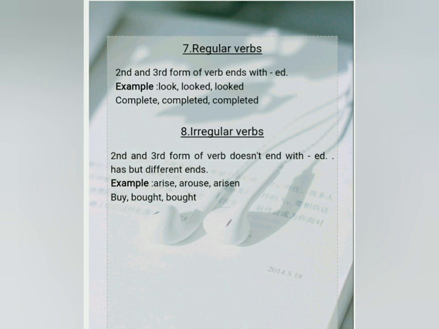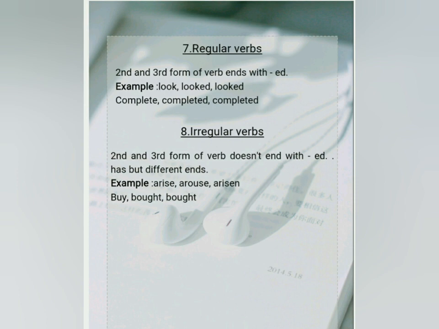For example, we'll have look, looked, looked. In looked, second and third form end with ed. Same with the second example, complete, completed, completed, right? So we can say it's a regular verb.